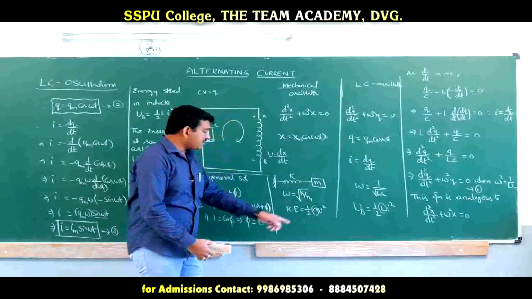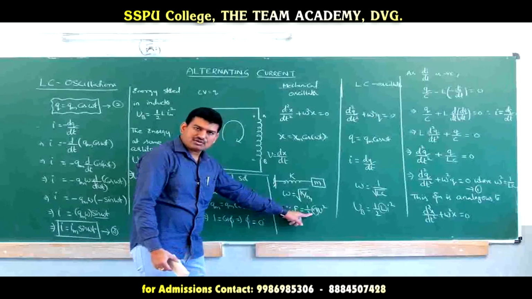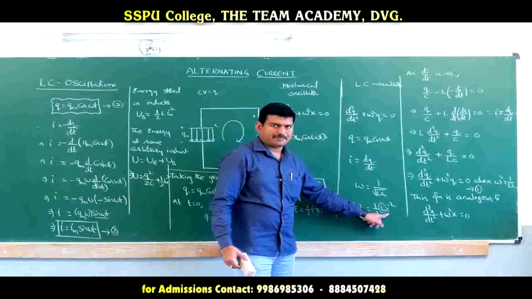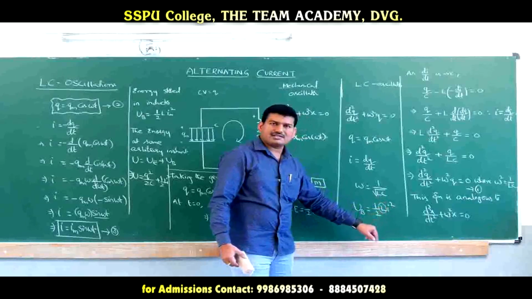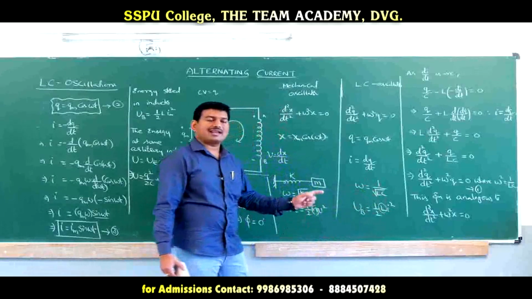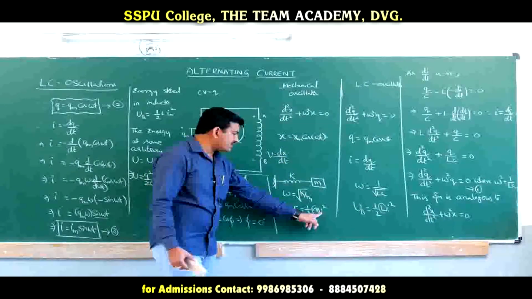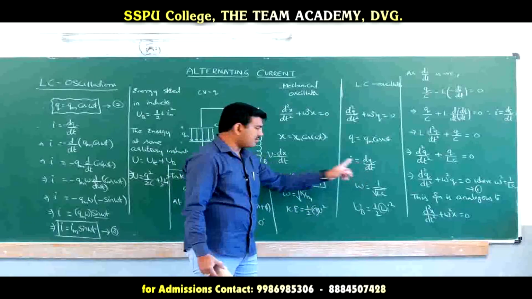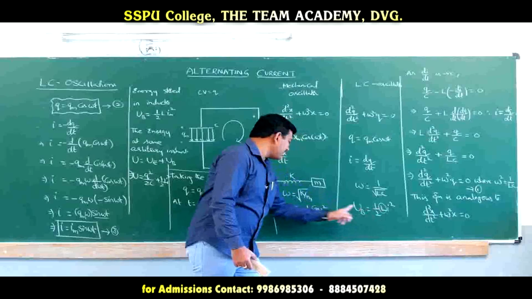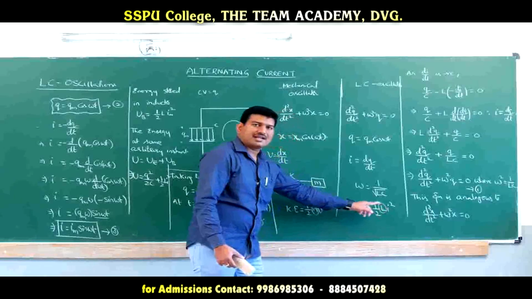Therefore, m is a measure of inertia, whereas L is a measure of electrical inertia. Therefore, the other name for inductance is electrical inertia. L is a measure of what? Electrical inertia. So the velocity term is nothing but the current term here. Velocity representing current means mass is replaced with inductance L.